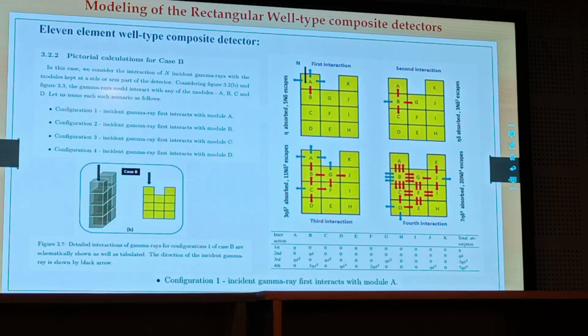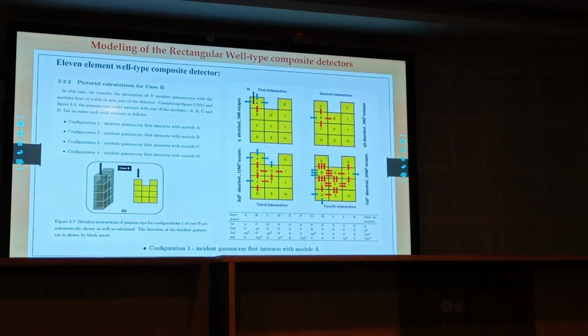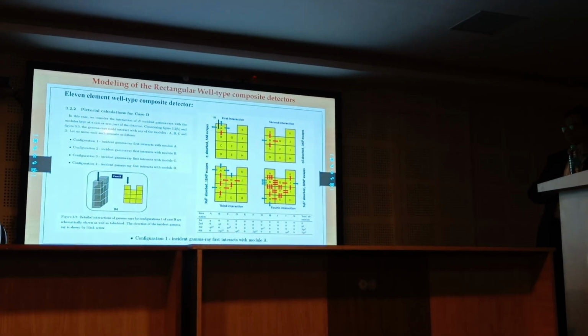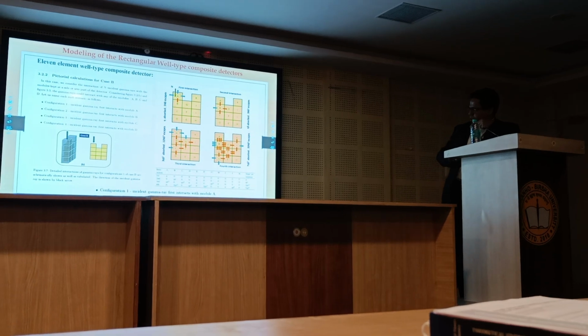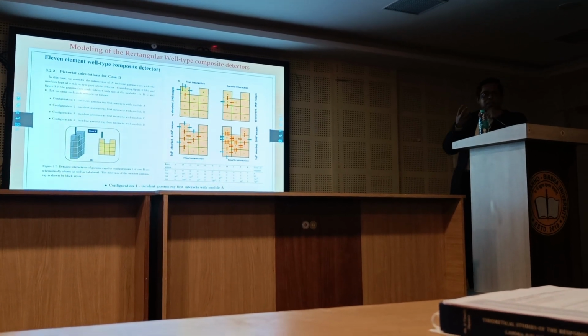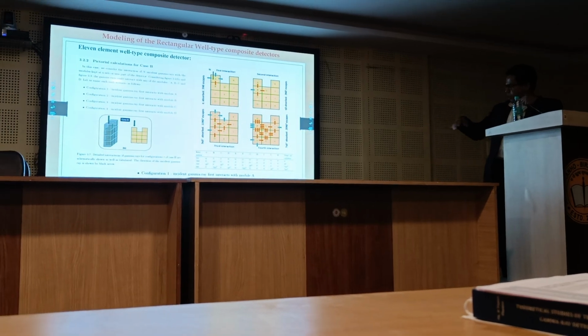After the fourth interaction, considering all these four cases, we calculated our detailed parameters: the total counts, peak to total ratio, and weight vector. In tabular form, we have shown the module-wise total absorbed counts and total absorbed counts in total.